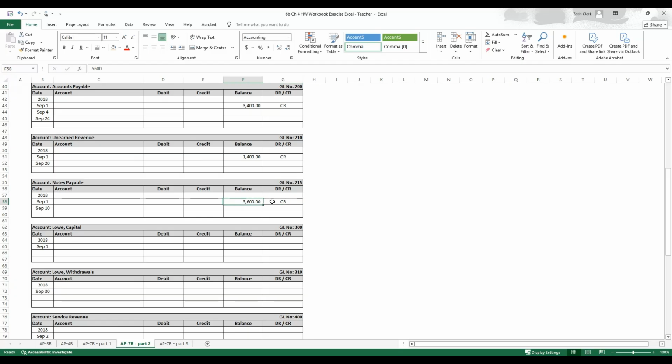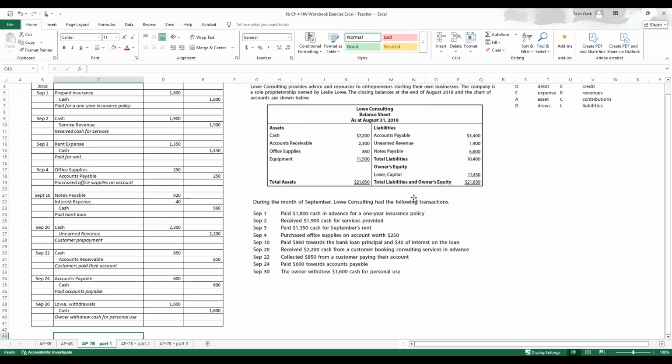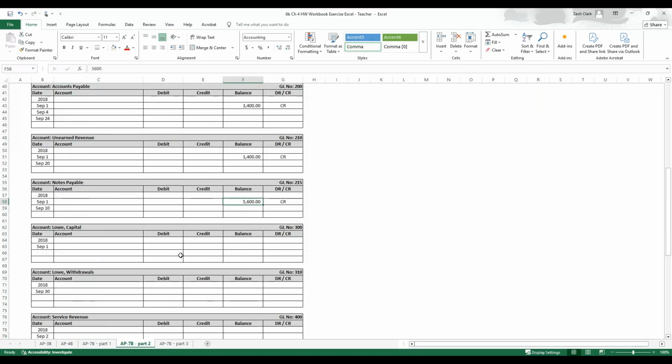And just to highlight that, what this is saying is the balance that's being reflected here is a credit. And then when we journalize, when we bring the journal entry impacts over, they will go in their own debit or credit column. So just kind of two different ways to show this is a credit. When you'll see input here, you'll be able to know it's a debit or credit just by the column that it's in. Okay, so notes payable was $5,600, and then we had the capital account was $11,450.